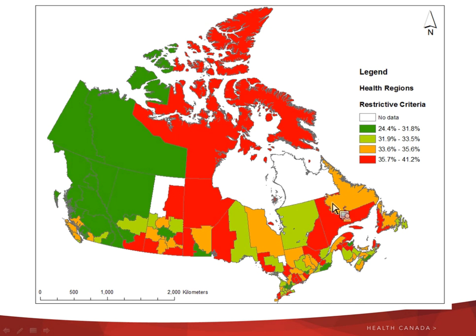There are a couple of areas in northern Saskatchewan and Quebec that were excluded from the CCHS. And you can also see that the areas in red that had the highest percent susceptible population were mostly outside large urban centers.